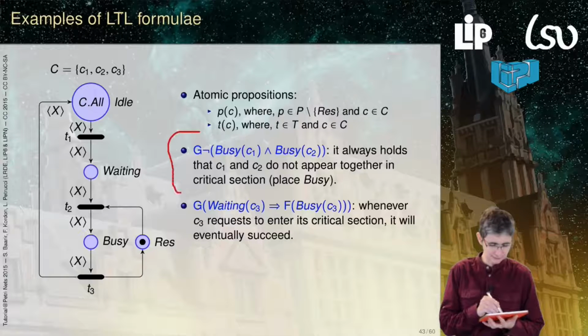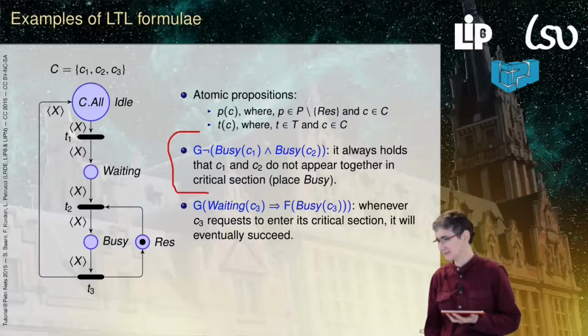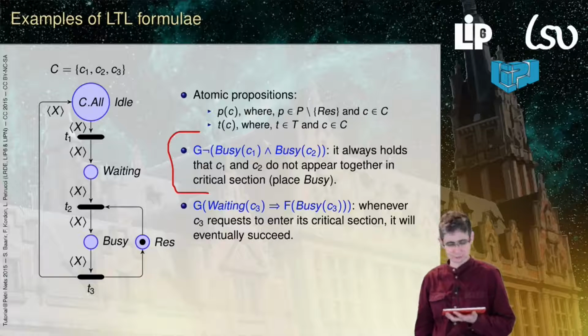The first one says globally not BZ of C1 and BZ of C2.